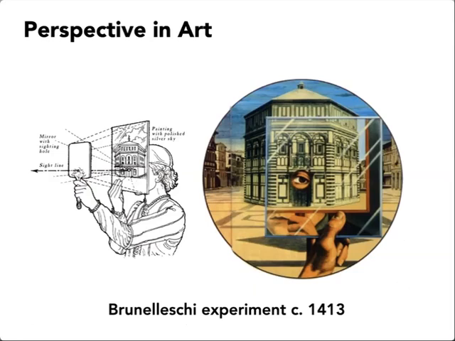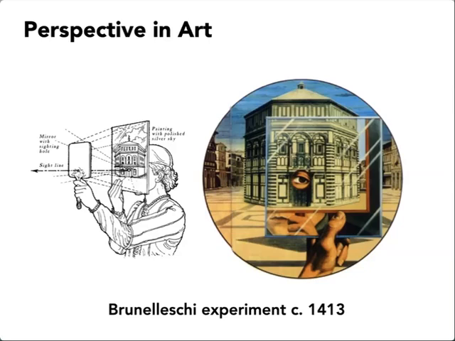Brunelleschi says, hey, if I stand in the world, this is in Florence, if I recall this correctly, at the doors of the Florence Cathedral and look across this small plaza towards the baptistry, which is the building that you can see there in green and white marble, then the experiment is, hey, can I draw a picture so that when I hold it up and look at that baptistry, all the lines in the picture are in exactly the same place as reality.